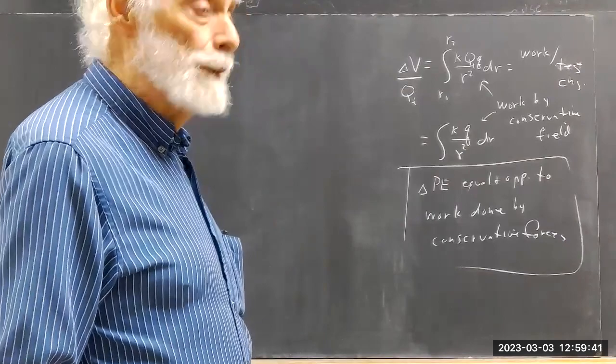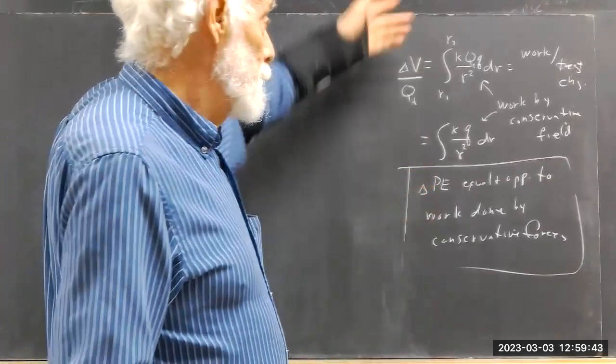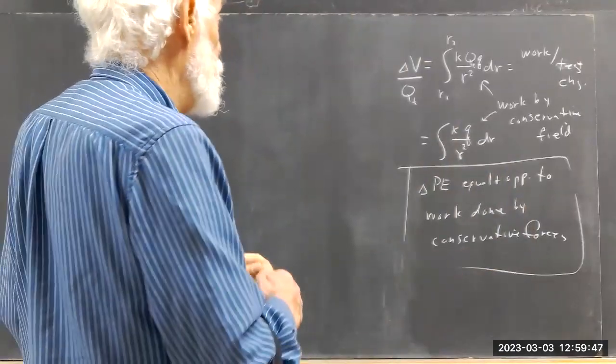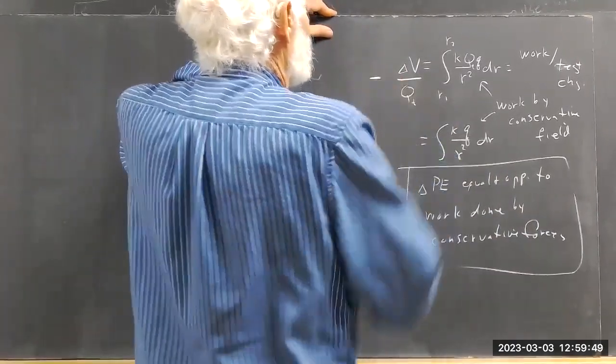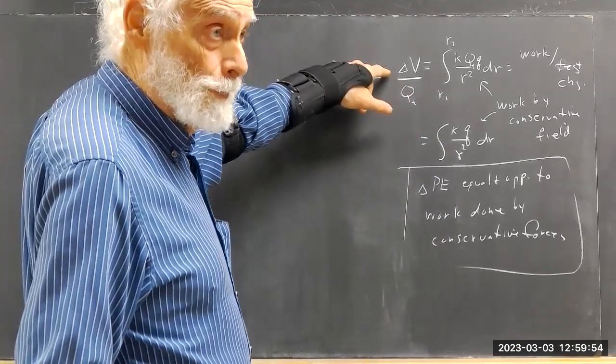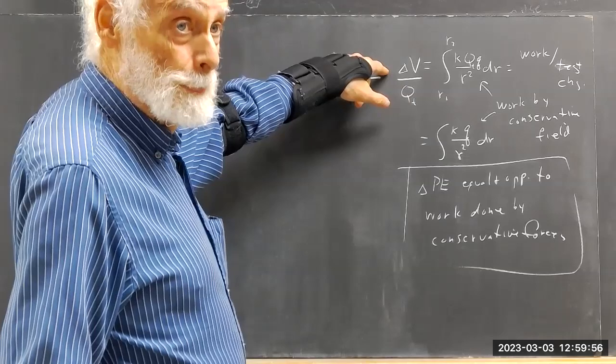I didn't use that definition because I was busy trying to get you to do the integral and stuff like that. Again, no excuse. So this will be the negative change in potential, because delta V is change in potential energy.